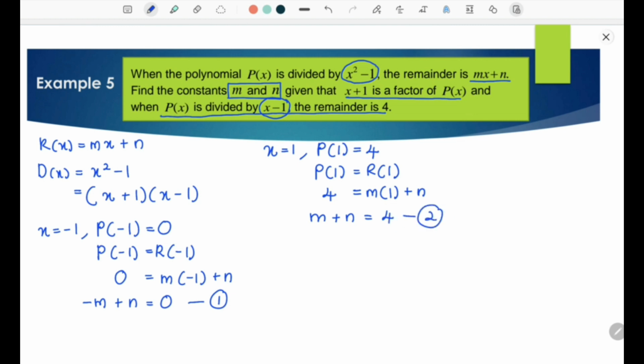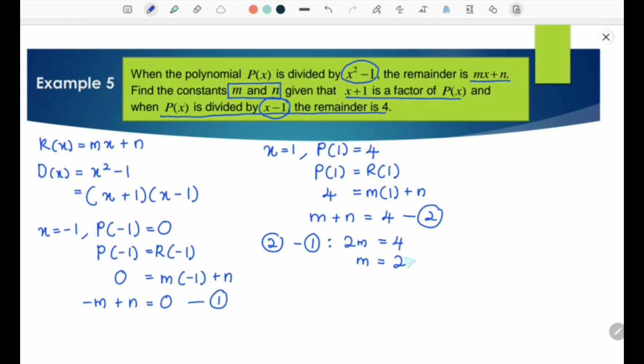Next, let's try to find the value of m by taking equation 2 minus equation 1. So we have m minus negative m equal to 2m, and n minus n equal to 0. Next, 4 minus 0 equal to 4. So m equal to 2.